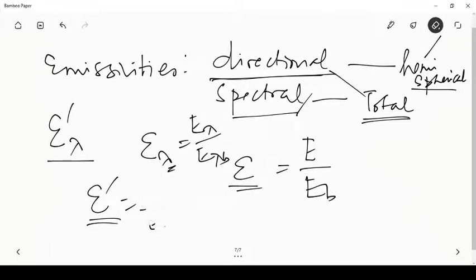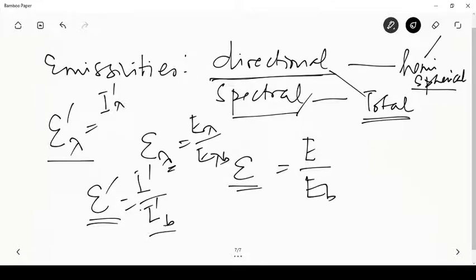So it has to be I prime divided by I prime B. This is the intensity emitted by a particular object at all wavelengths in a particular direction, and this is the black body emission in the same direction, and this is going to be I prime lambda divided by I prime lambda B. Okay, so that is the definition.